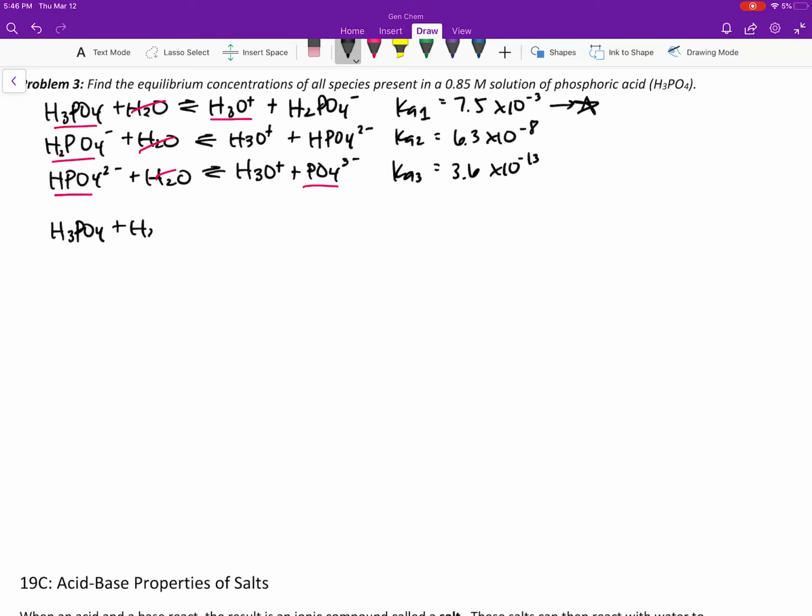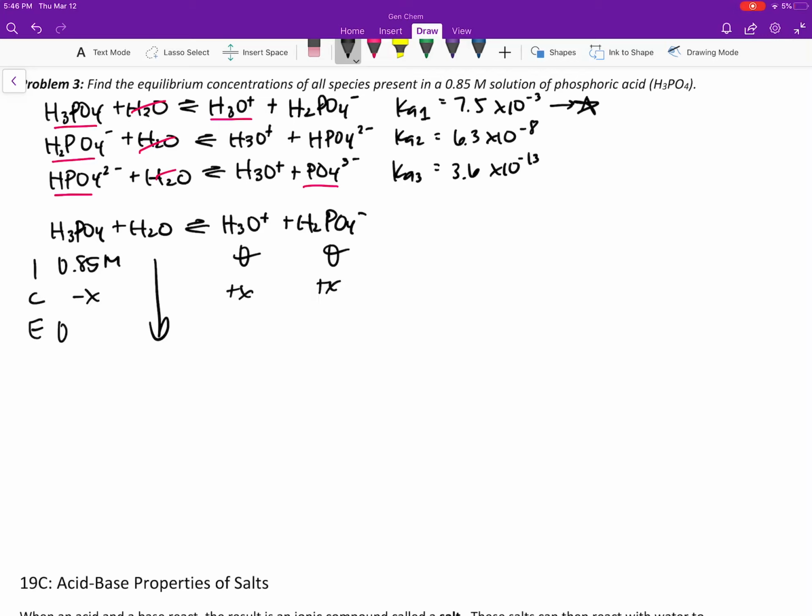I know I need to set up an ice table because this is a weak acid. I know that because it's not one of my strong acids and it has Ka values. It tells me I'm starting with a 0.85 molar of phosphoric acid, none of my hydronium or conjugate base. Reaction shifts to the right, just like every other one. And I'm left with something that looks very familiar to me on the equilibrium row.